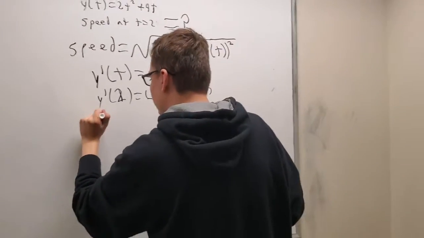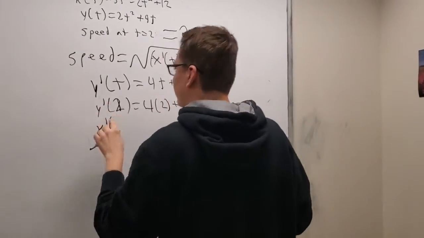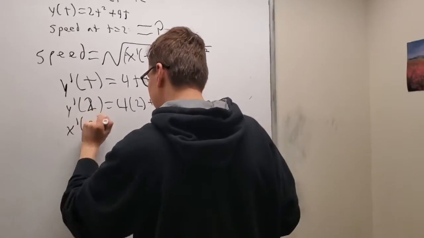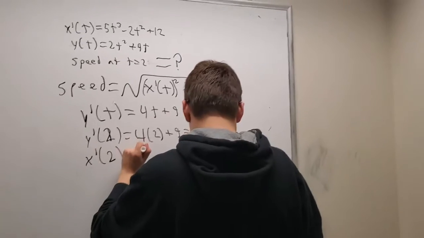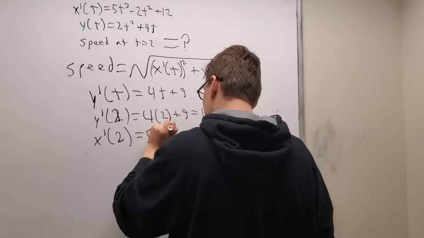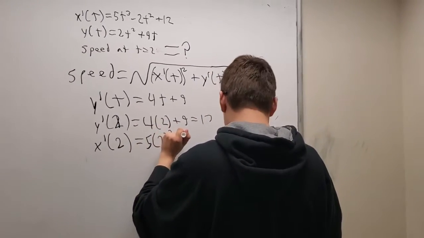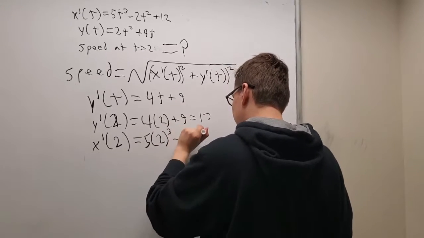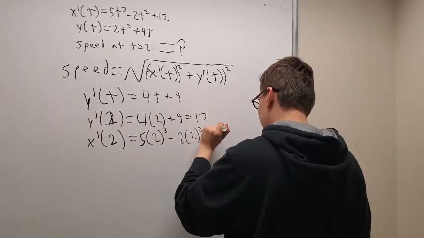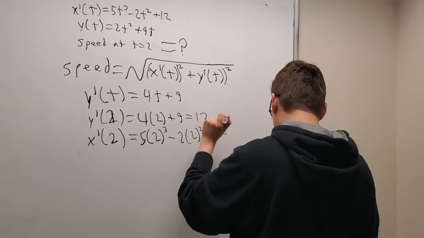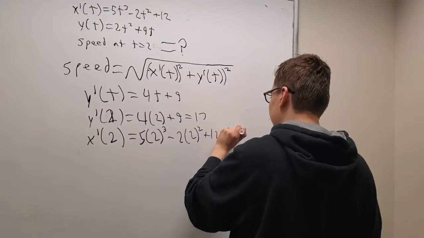Then I plug 2 into the derivative of x, which is 5 times 2 to the third minus 2 times 2 squared plus 12, which results in 44.